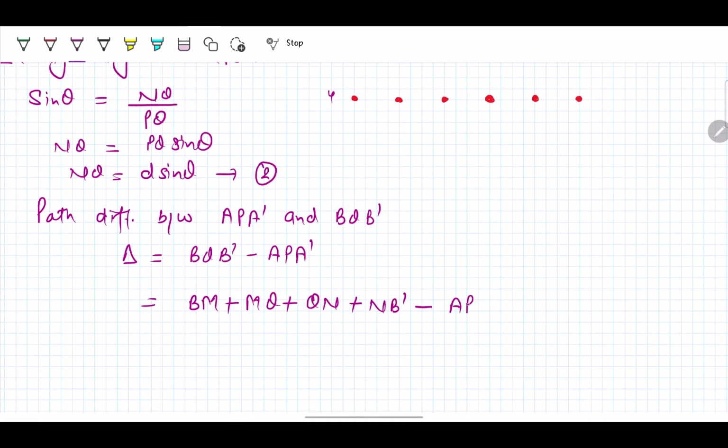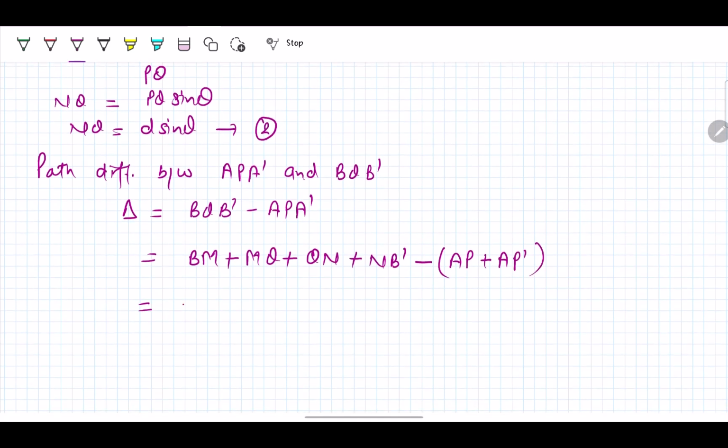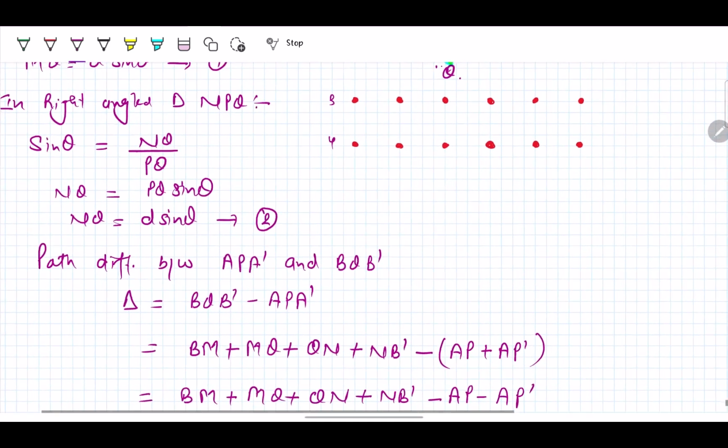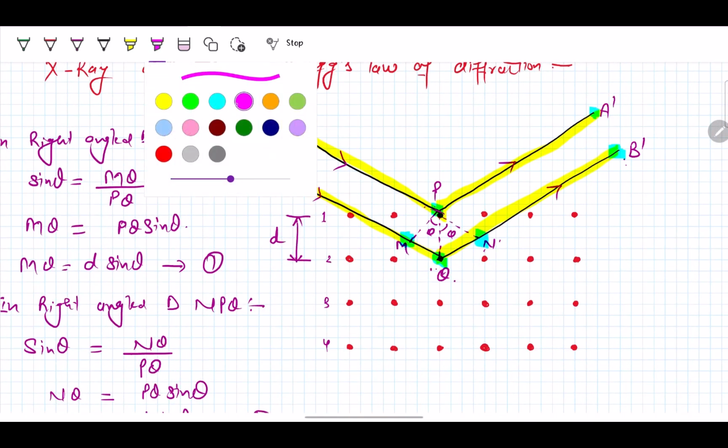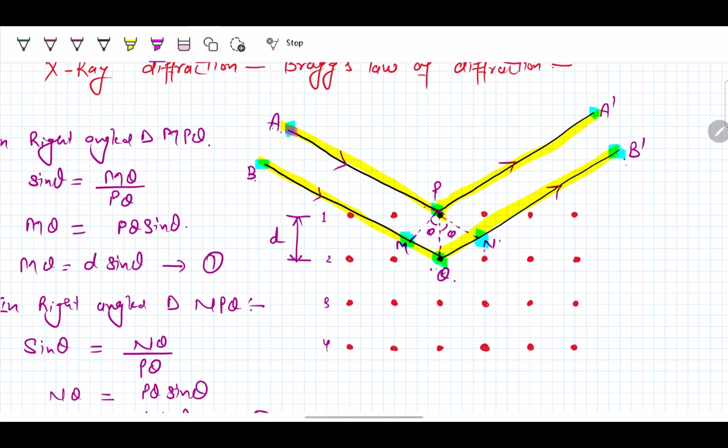So delta equals BM plus MQ plus QN plus NB dash minus AP minus AP dash. The path followed from B to M equals that from A to P, and from N to B dash equals that from P to A dash.